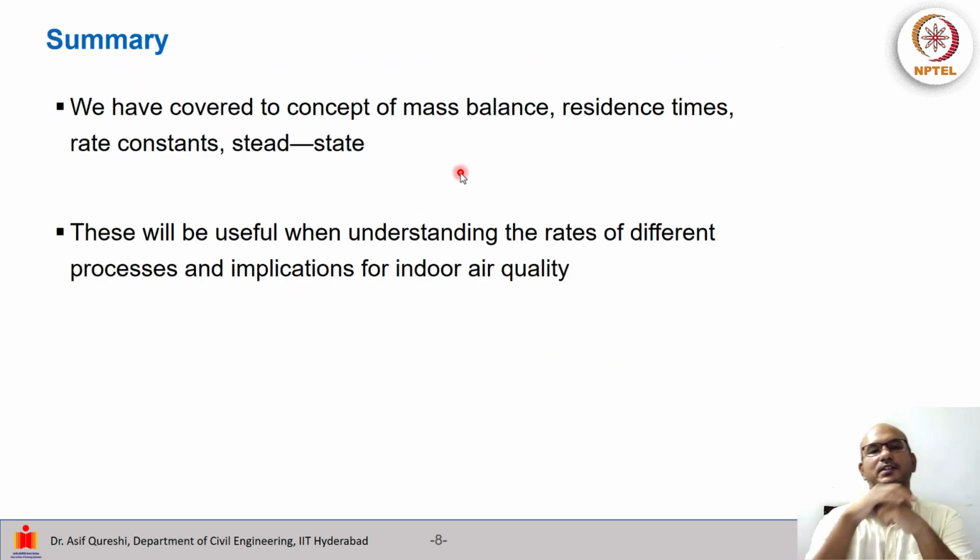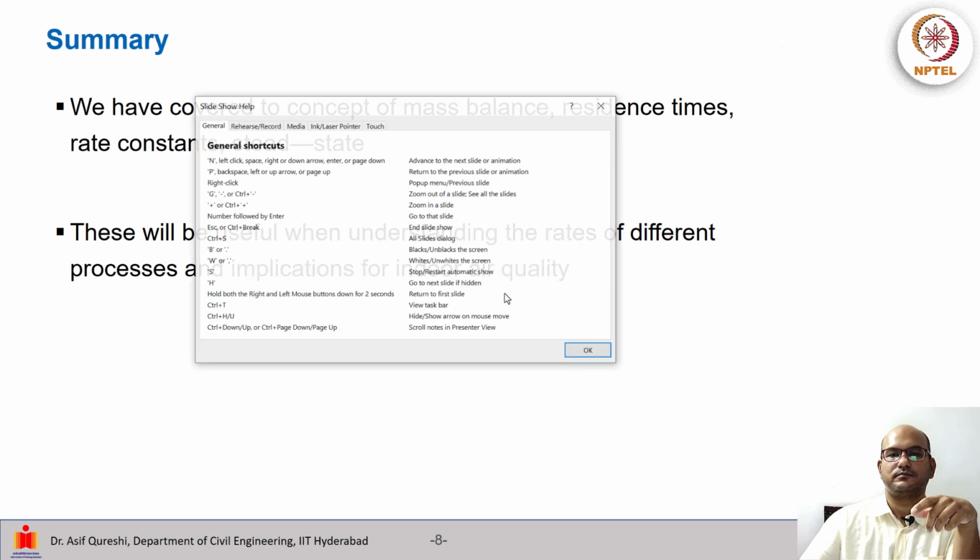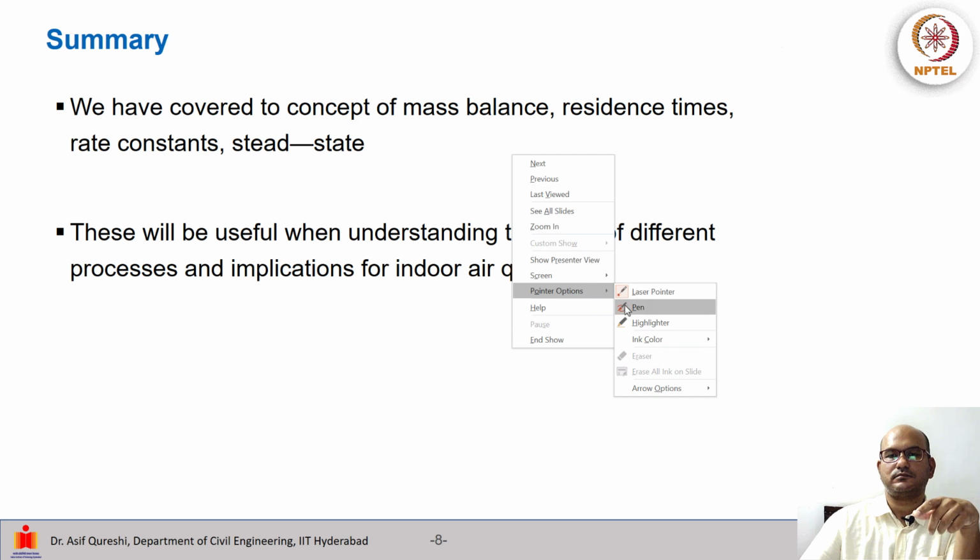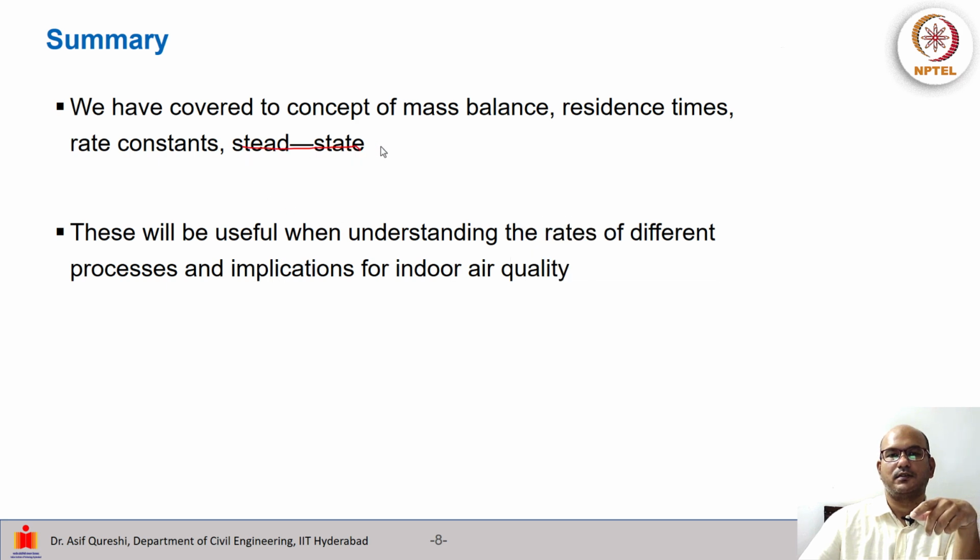So in summary, in this week we have covered the concepts of mass balance, residence times, and steady state.